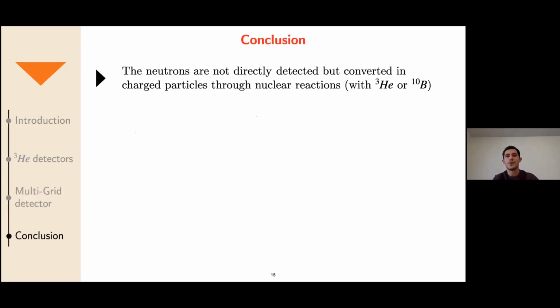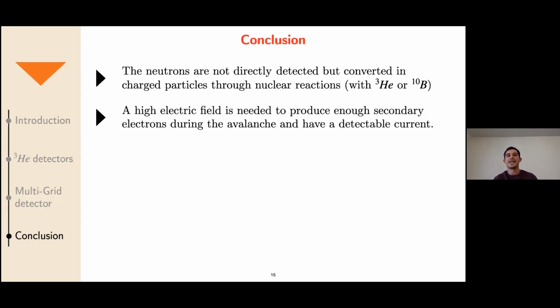Okay, so to conclude, the neutrons are not directly detected, but they are converted into charged particles through the nuclear reaction with the converter, which is, for example, helium-3 or boron-10. A high electric field is needed to produce enough secondary electrons during the avalanche phenomenon, and so to have a detectable current.